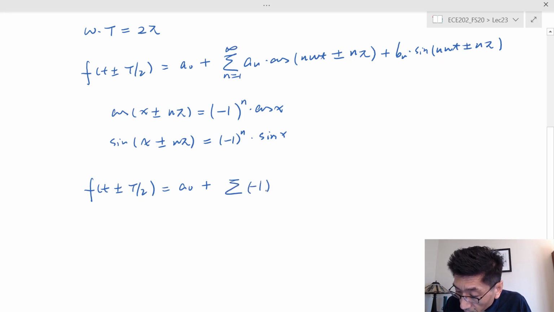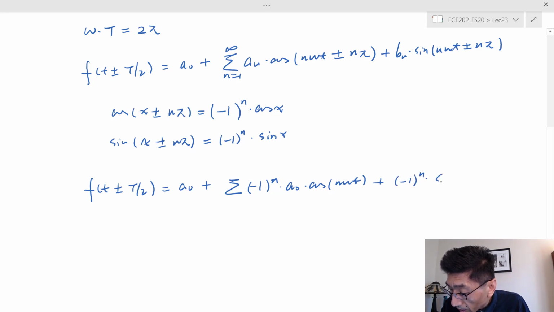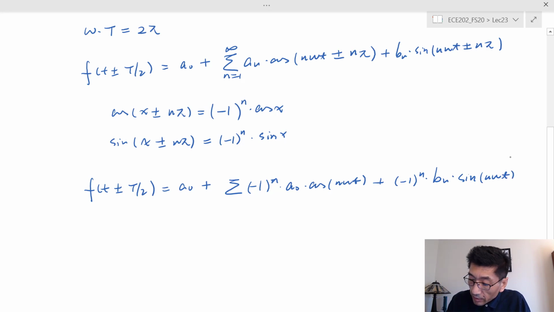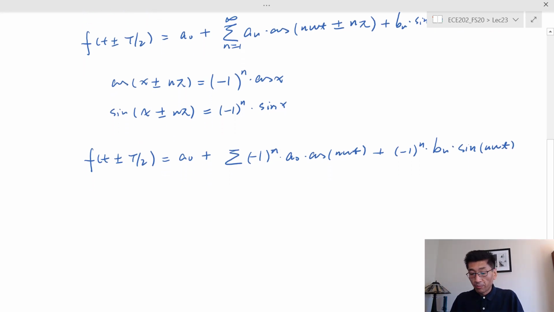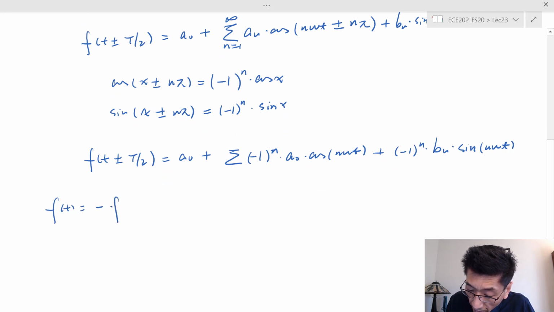So I have negative 1 to the power n times a sub n times cosine n omega t, plus negative 1 to the power n times b sub n times sine n omega t. And this is what we have for if f(t) is equal to negative f(t plus or minus T over 2).